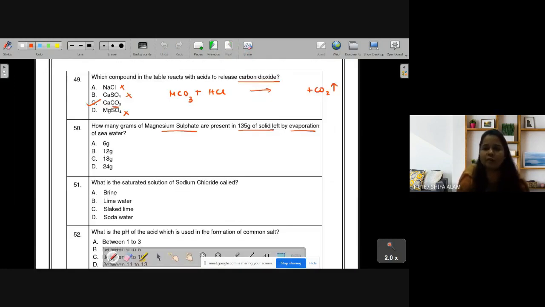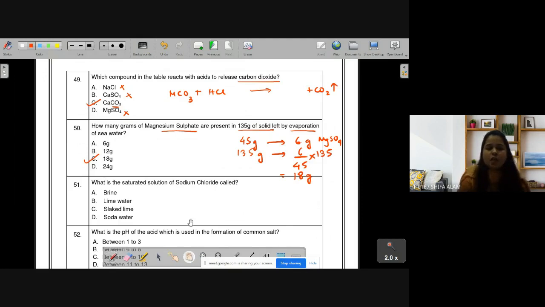So when 45 gram was evaporated, we saw 6 gram of MgSO4. So when 135 gram is evaporated, we will get 6 by 45 into 135. That is 18 gram of MgSO4 would be left behind as magnesium sulfate.